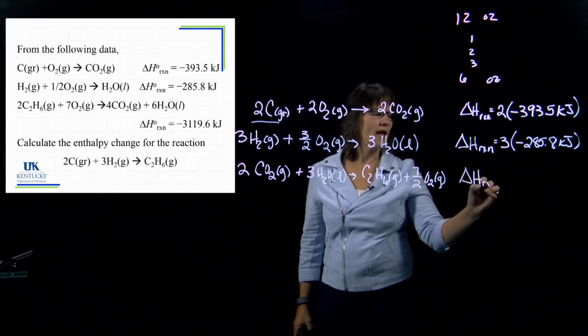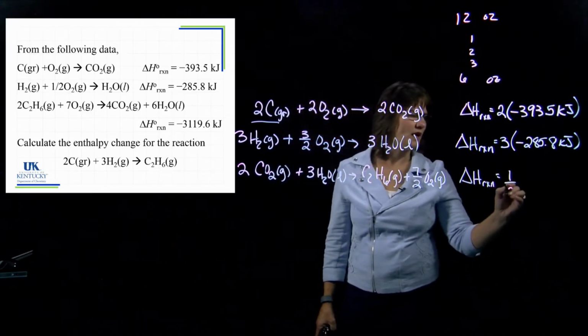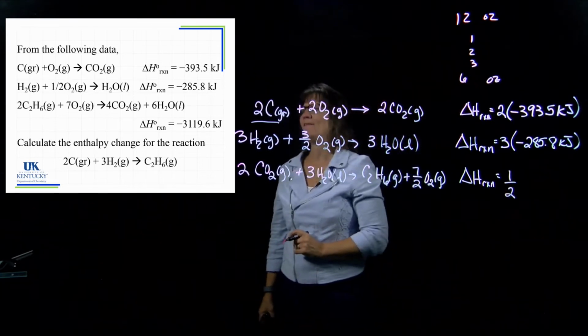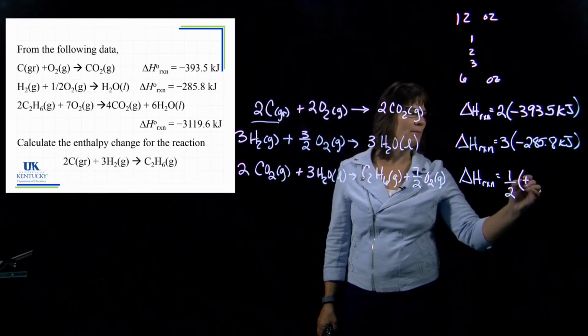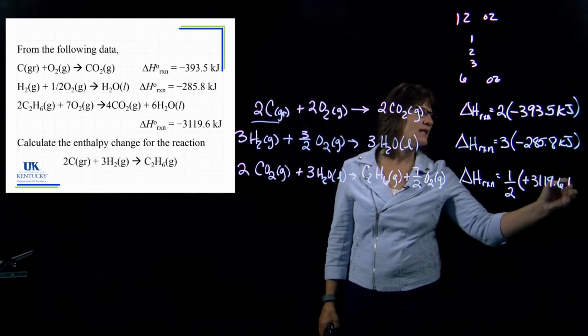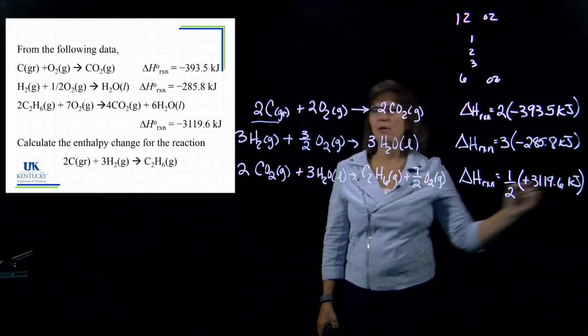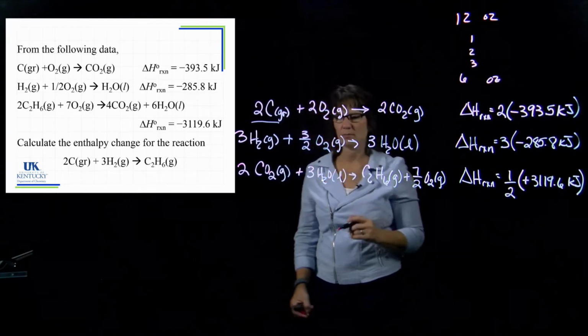The delta H of the reaction, we have to cut it in half. Okay, so that's divide by 2 or multiply by 1/2. Cut it in half and change the sign. So it's going to be a positive 3119.6 kilojoules. So now I have all of the reactions that I needed to get the components in place.